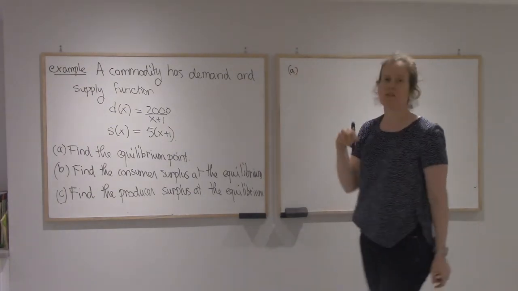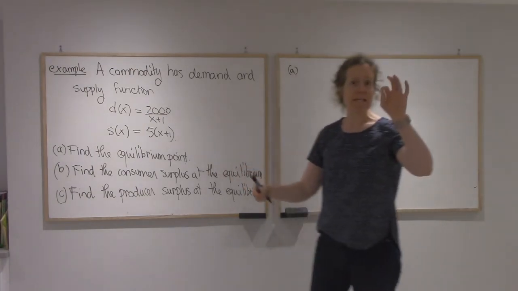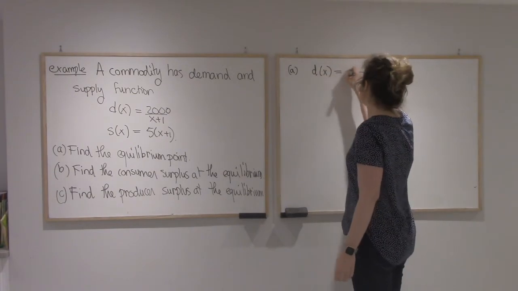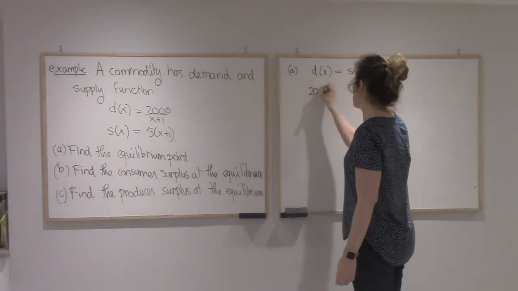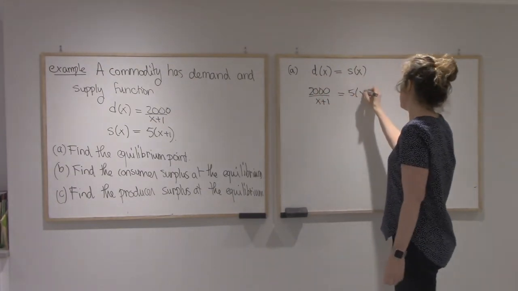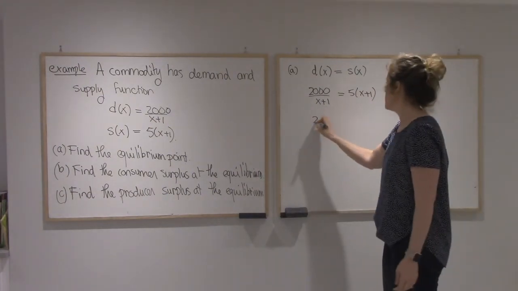Alright, so I want to find the equilibrium point first. That's when the two curves meet, coincide. So I want d of x to be equal to s of x. I'm going to multiply both sides by x plus 1.